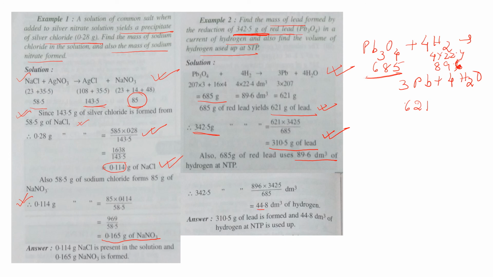So we are getting 44.8 decimeter cube of hydrogen. The sums are easy, but you have to do them on your own. Please copy the sums in your notebook and try to do them on your own. Then only you can understand.